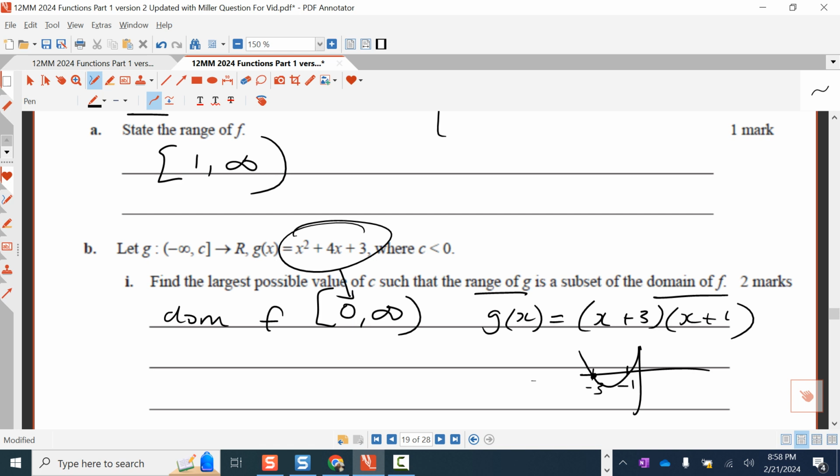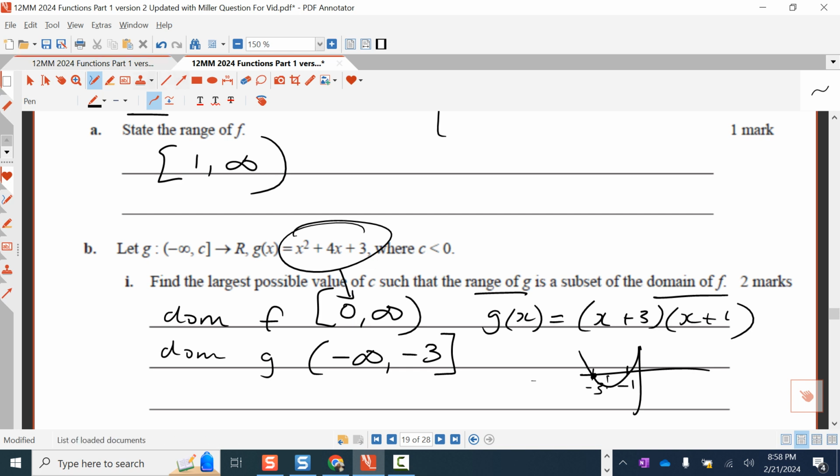So the domain of g will need to be negative infinity up to negative 3. We're not going to let people use values lower than negative 3, because chances are they'll then produce a negative value. So this restriction on g will cause the range of g.